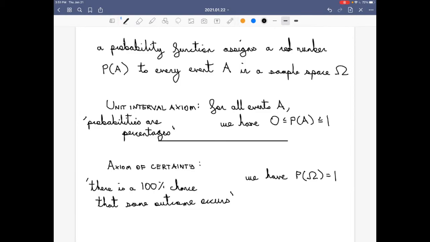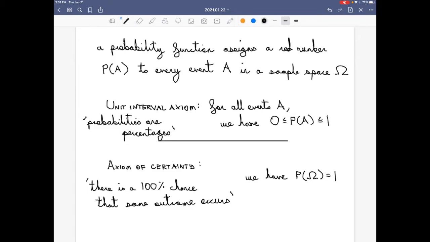And there are certain rules to how real numbers answering questions about the probability of events conform to the concepts we previously discussed. So these are stipulated by 3 axioms for probability.